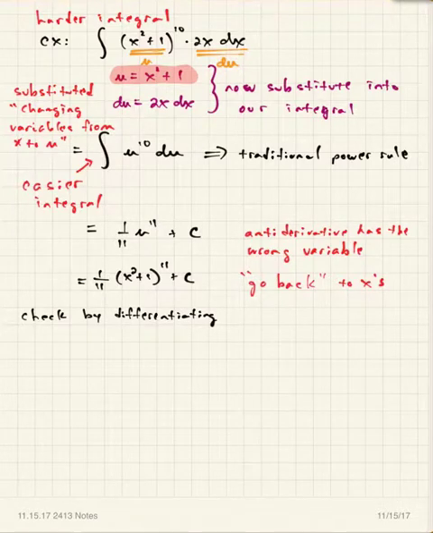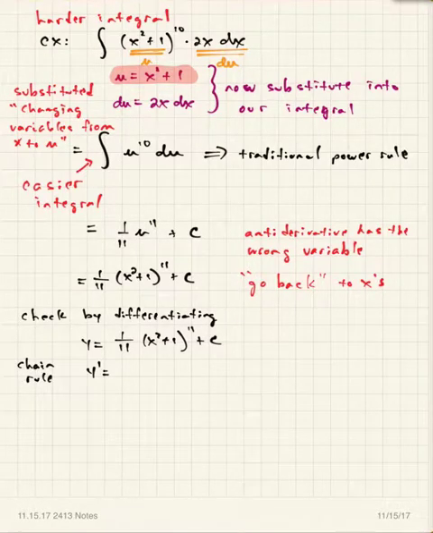So if you have y equals 1 over 11 times x squared plus 1 to the 11th power plus c, then y prime, the derivative of this function, would be a chain rule problem. The 1 over 11 would just sit there out in front, and then we would use the chain rule on our function to a power.